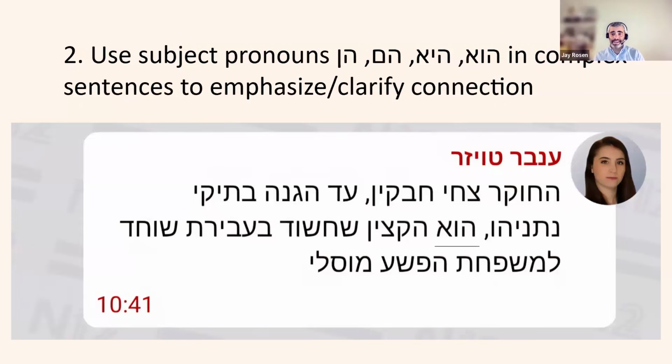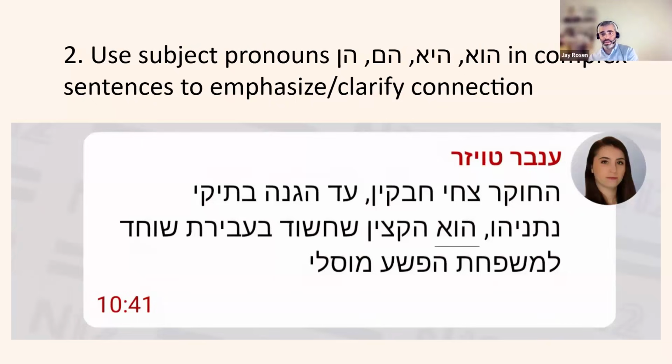I would naturally translate that as is, but in the Hebrew, there is no is. So I use who to emphasize the connection between hachoker tzachi chabkin and hachatzin hachashud, the investigator and the suspected officer, right? I need something to connect them together, and who is that word.